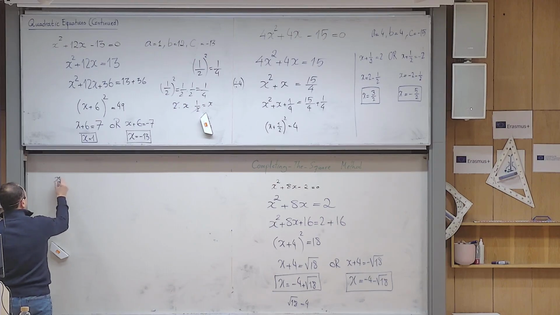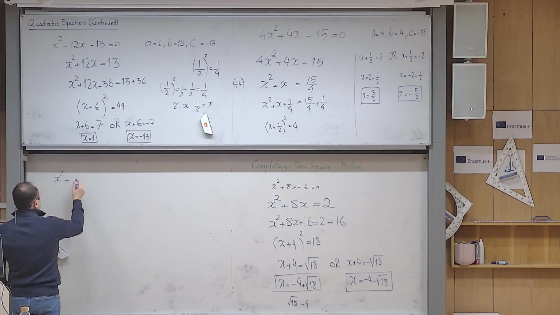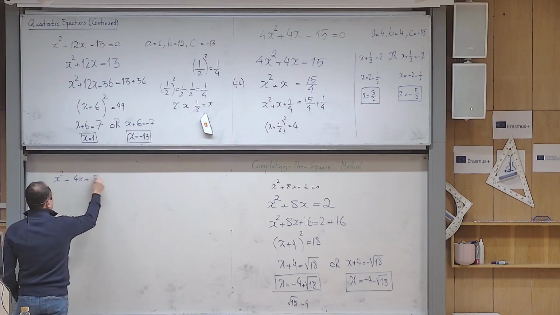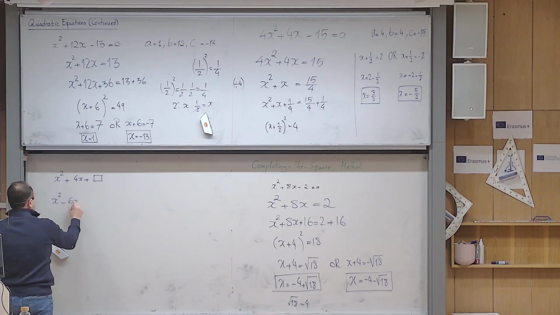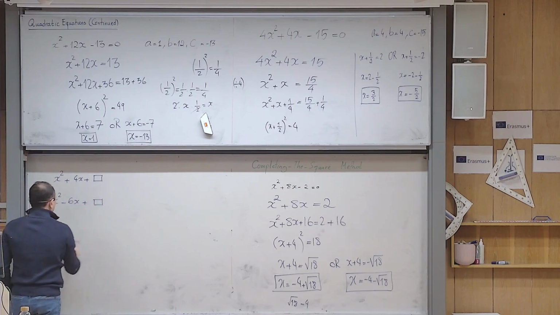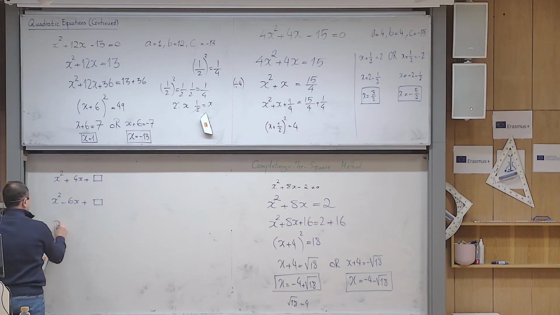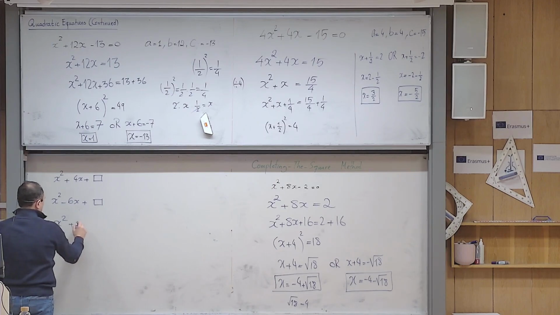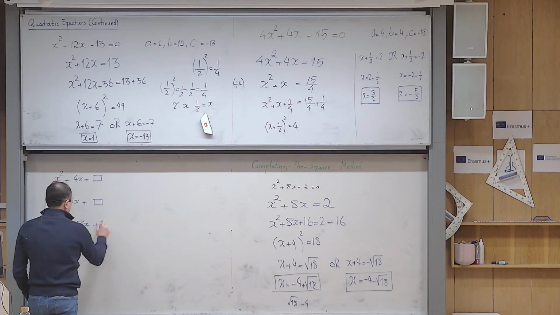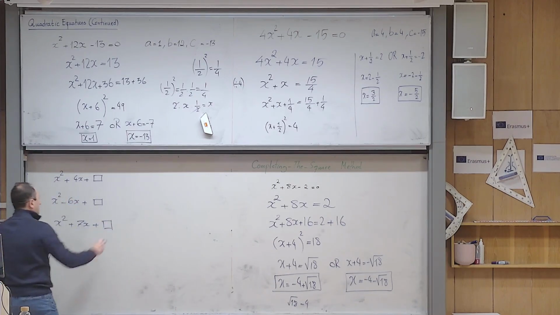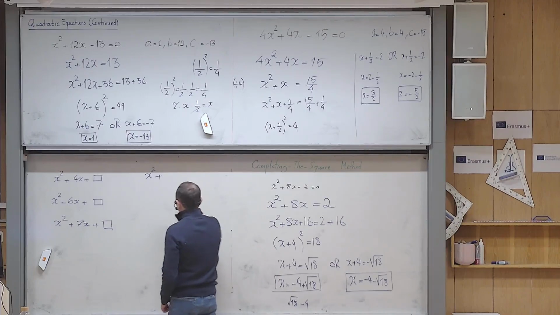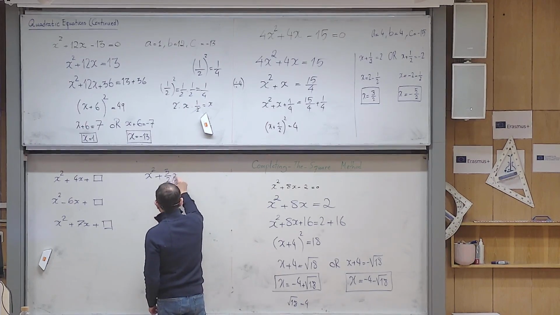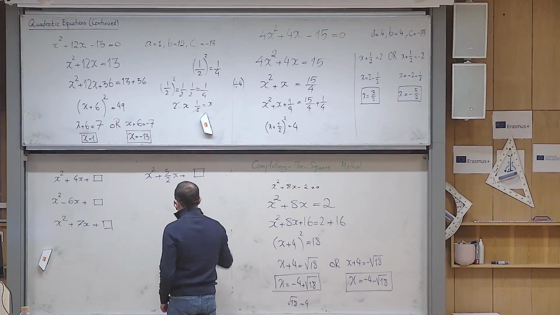Okay? So x squared plus 4x plus a box. Then I would write x squared minus 6x plus a box. Then I would say that x squared plus 7x plus a box. Then I can write x squared plus 3 over 2 x plus a box.